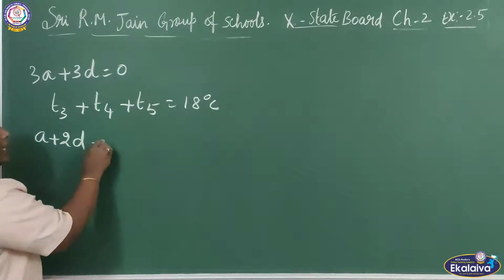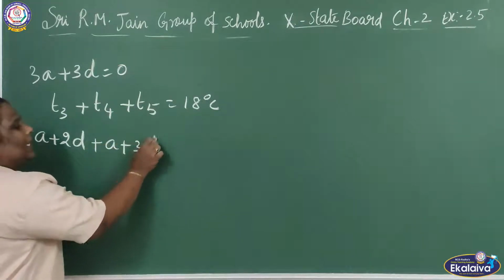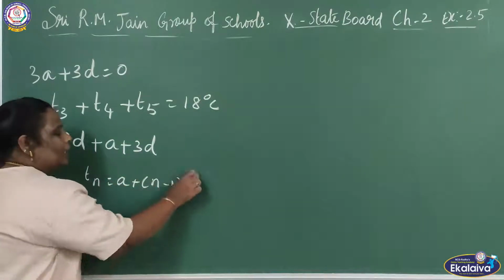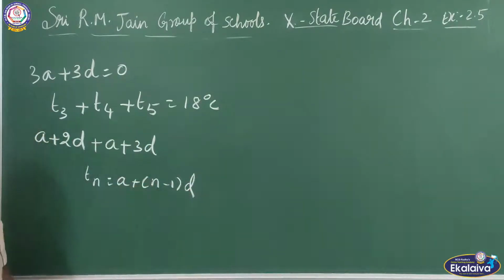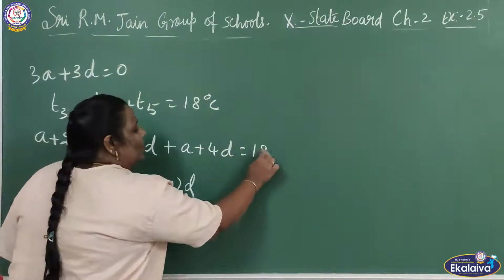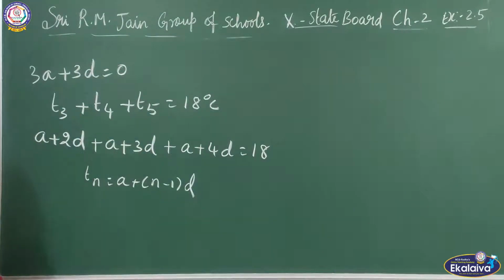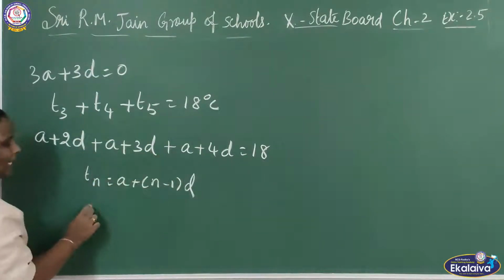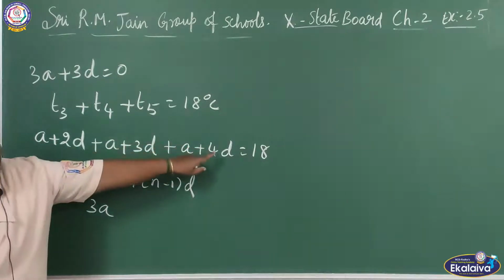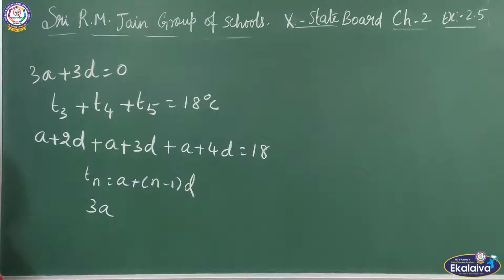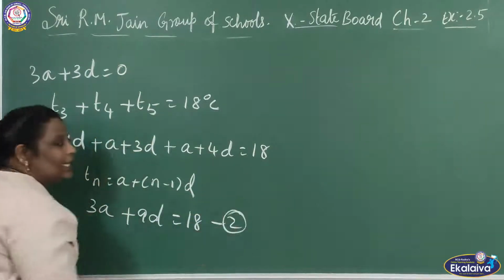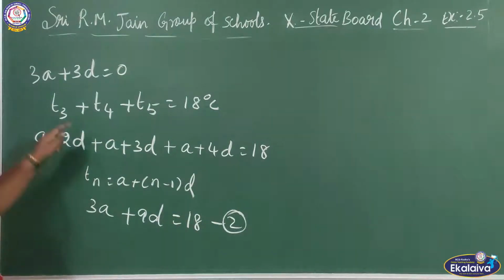The same way, T4 is A plus 3D and T5 is A plus 4D. So 3A, 2D plus 3D plus 4D is 9D. 3A plus 9D equal to 18. Take it as the second equation.